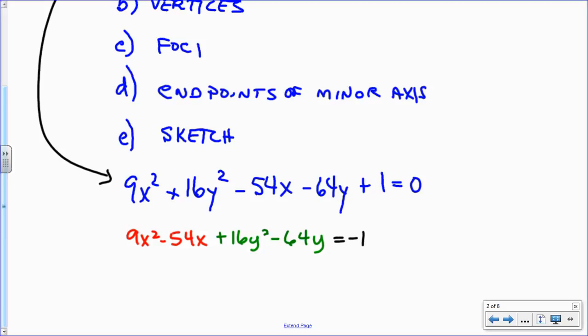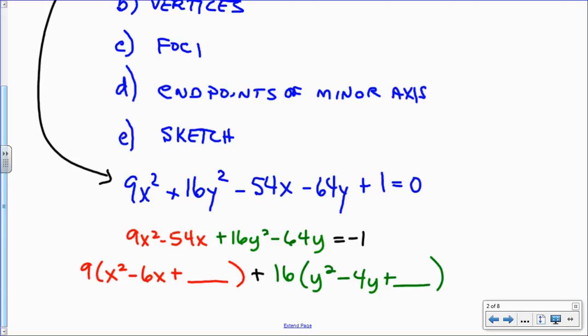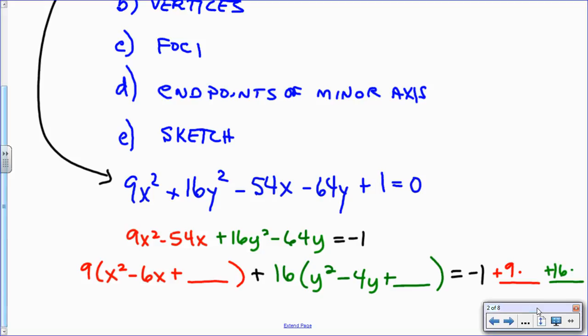So group your x's and y's together, move the constant over. Complete the square on x and y.